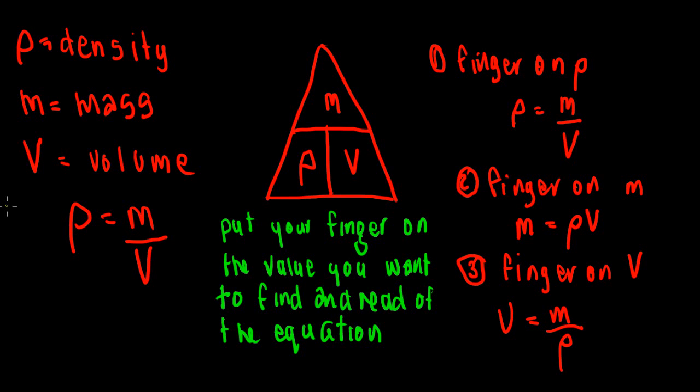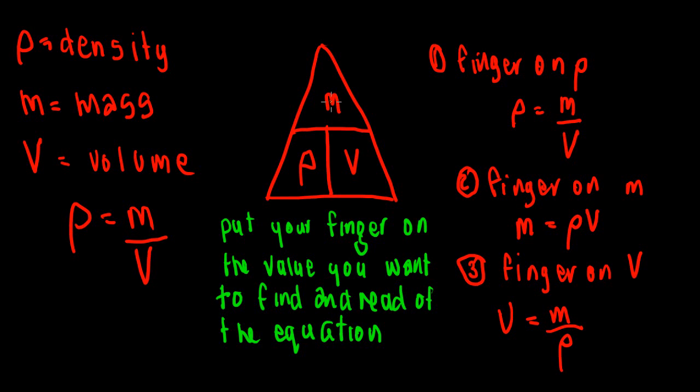Let's just test it out with the definition one there. You put your finger on the P here, where the mouse is, and then read off the equation. So P equals mass over volume. Alright, so that seems to work for that. Let's look at the next one. I want to find mass.